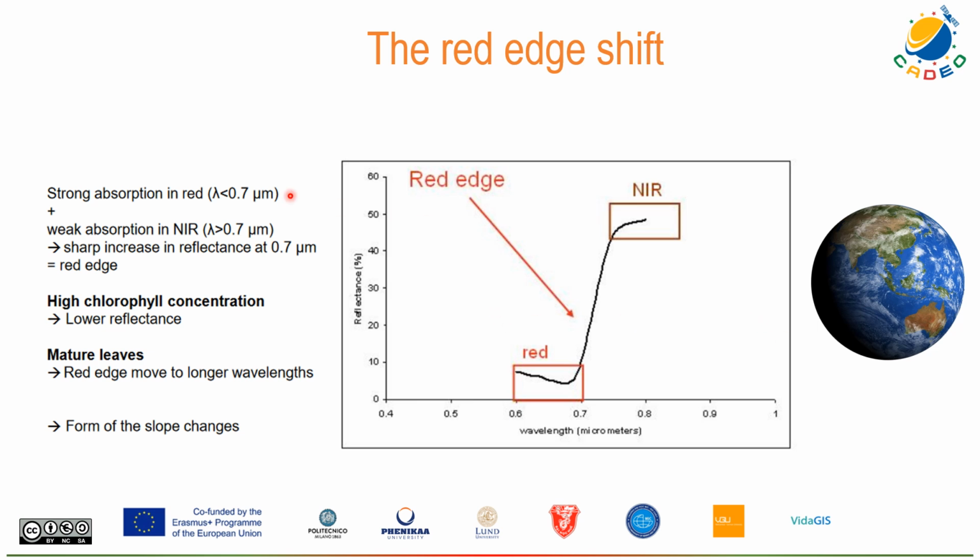So we have a strong absorption in the red here, and then a weak absorption and more reflectance in the near infrared because of the pattern of the spectral signature. And this is what we can use when we try to classify different vegetation types to see if a vegetation is healthy or unhealthy and so on.